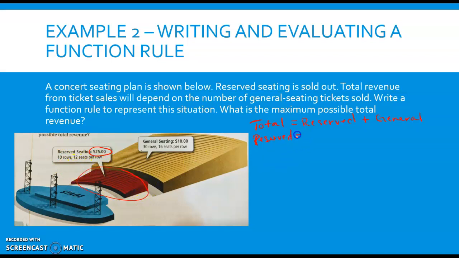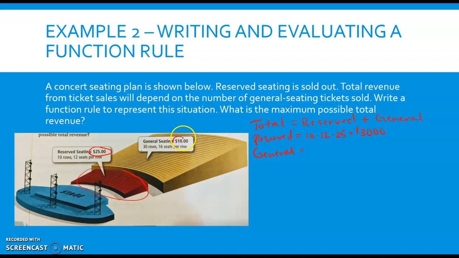So what we're going to do is take 10 times 12, because that's going to give us the number of seats, and then our number of seats times 25. So we end up with 10 times 12 is 120, and 120 times the $25 is $3,000. So our reserved seating has brought in $3,000.